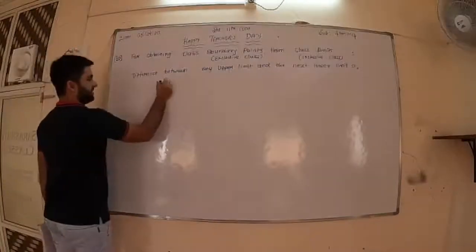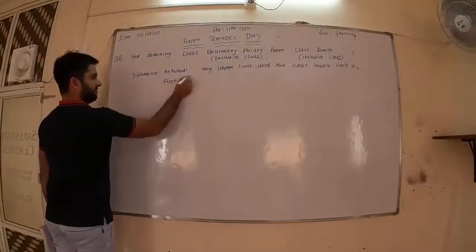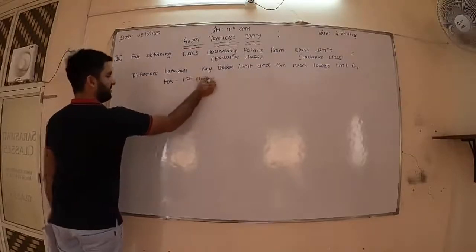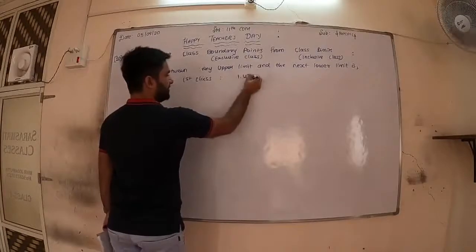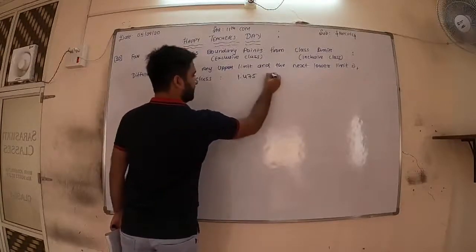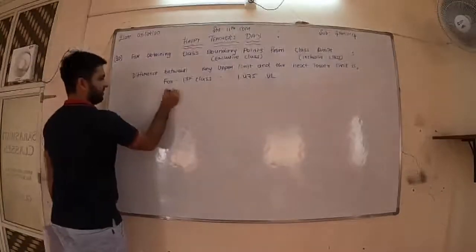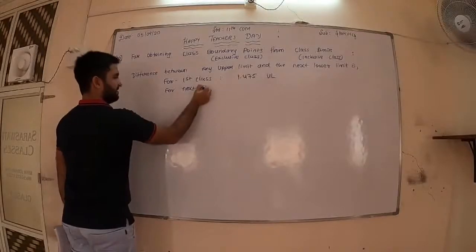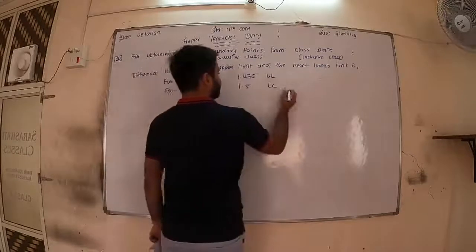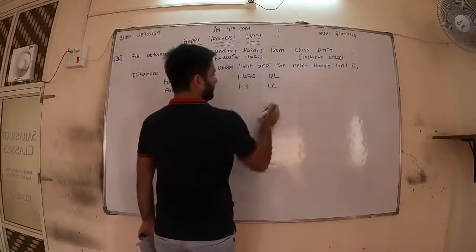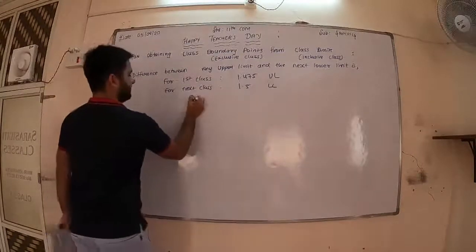Suppose we are taking for first class. For first class 1.475 is the upper limit. For next class 1.5 lower limit. UL means upper limit, LL means lower limit.